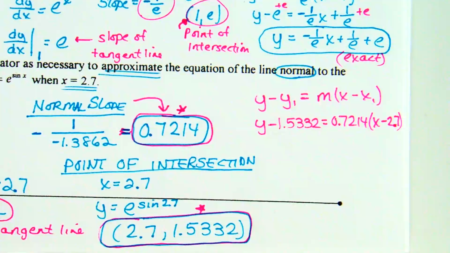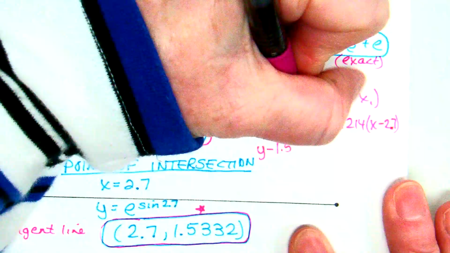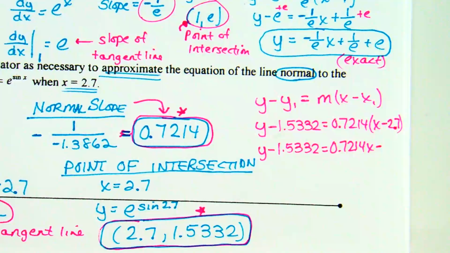Excuse me. And then use the calculator, right? So y minus 1.5332 equals 0.7214x minus, what's 2.7 times 0.7214? 1.9478.